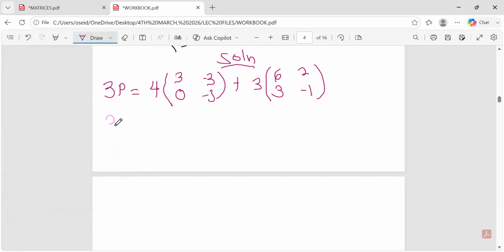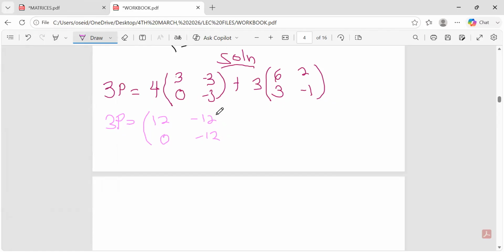Now we get 3p will be equal to 4 times 3 will give us 12. And 4 times 0 is what? 0, because any number times 0 is 0. And 4 times -3, we are going to get -12. Then 4 times -3, we are going to get -12.